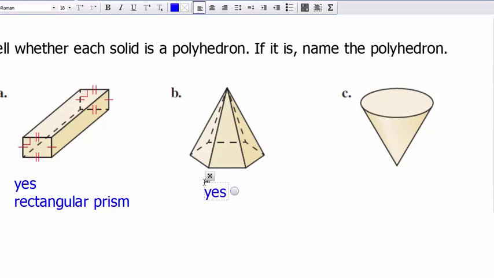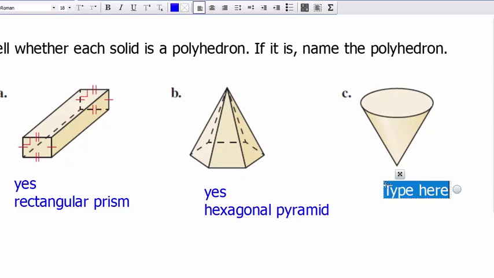Yes, it is a polyhedron, and this has a base that has 6 sides, so it is a hexagonal pyramid. Anything that has a curved side is not a polyhedron, but it does have a name. It's called a cone.